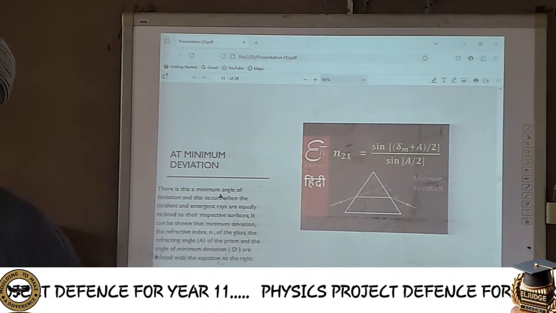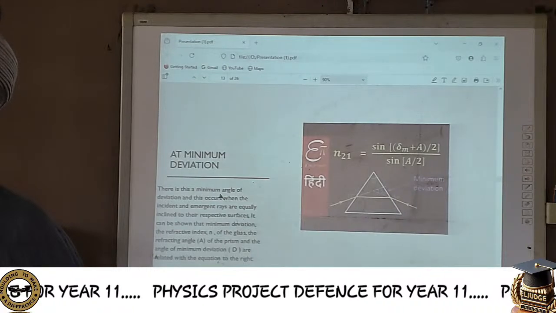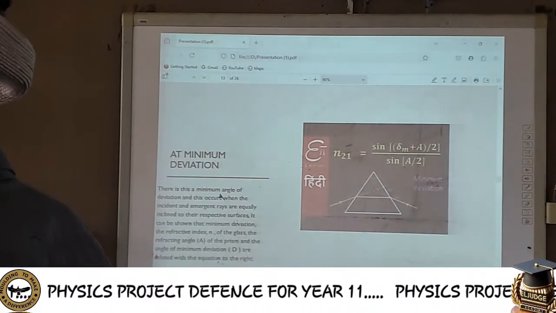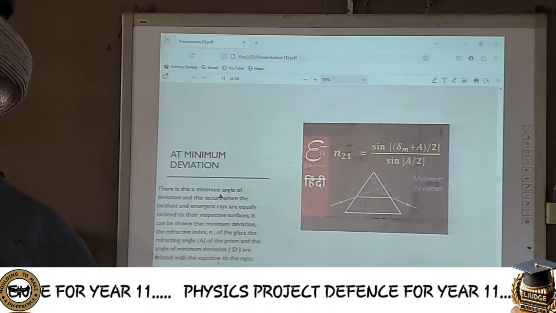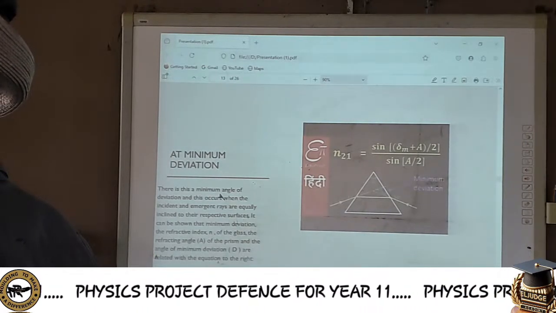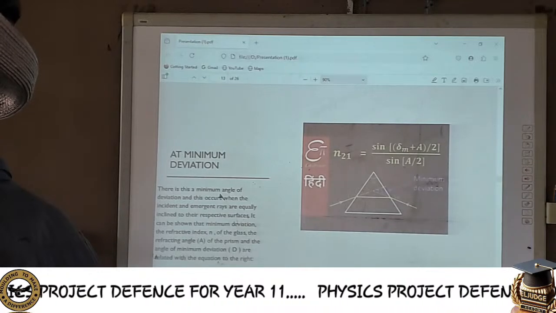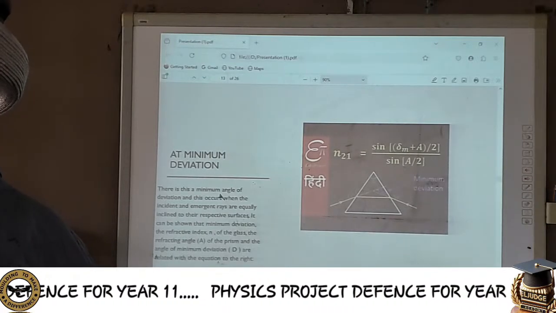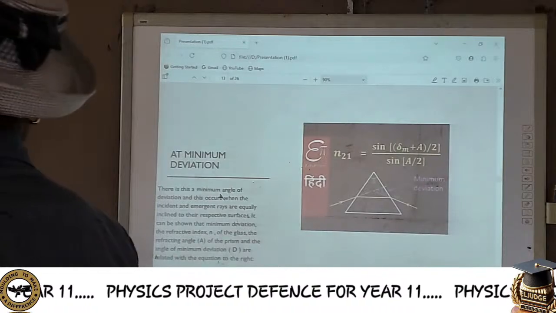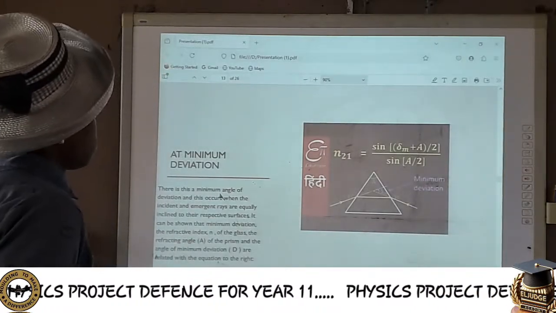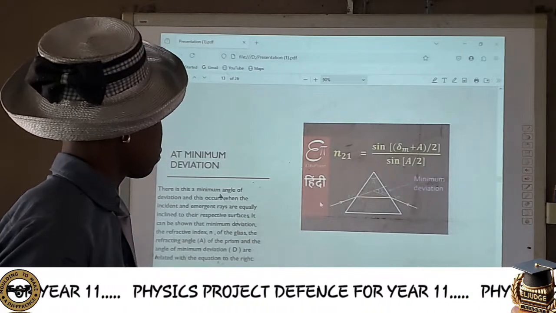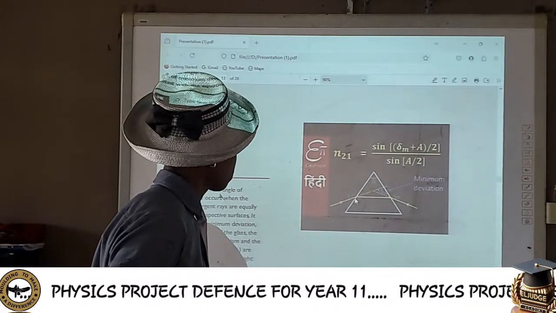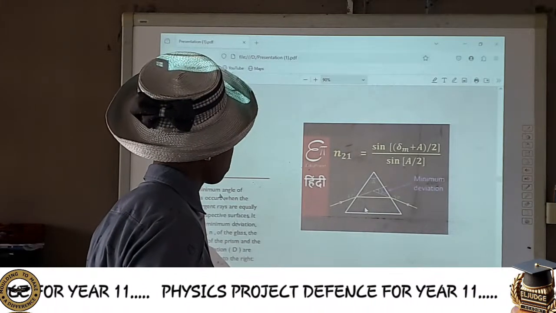Then the minimum deviation is what you may be asked to look for if you are given the refractive index. And in the case where you're not given the refractive index, you may be asked to look for the minimum deviation of that. Because if you look at the diagram very well, the incident ray is coming through this interface.